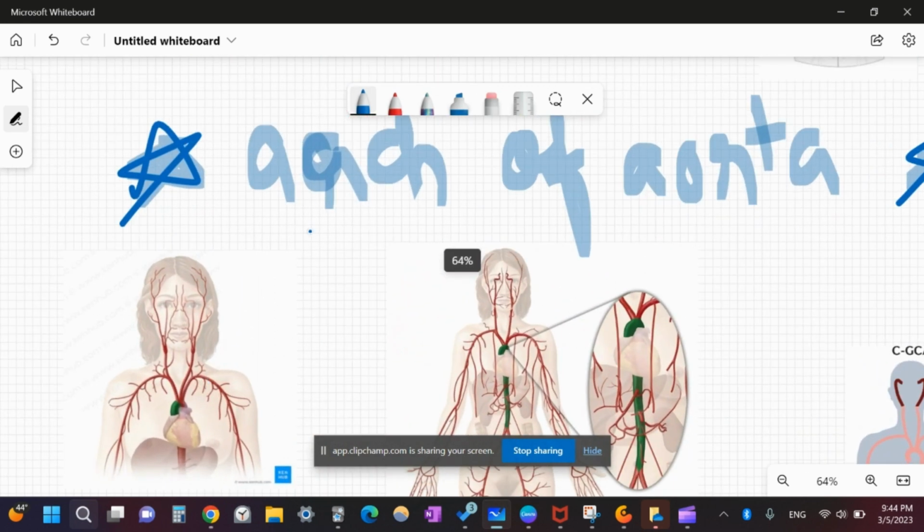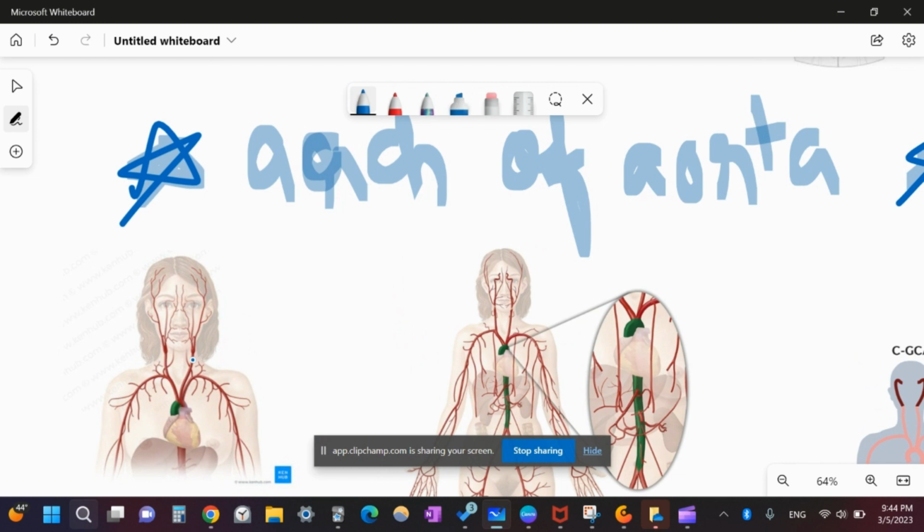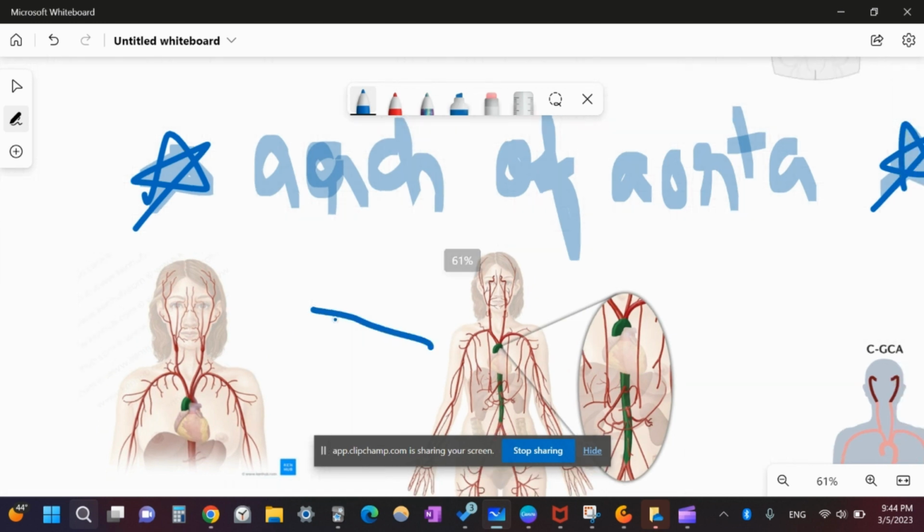You know them: the brachiocephalic, the subclavian, and the internal carotid. So all of the proximal branches of the aorta are the ones that are going to be affected in Takayasu arteritis.